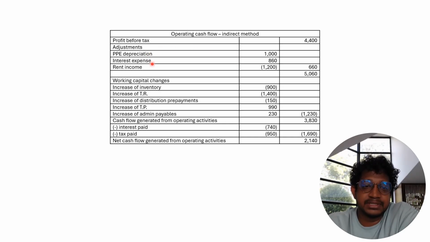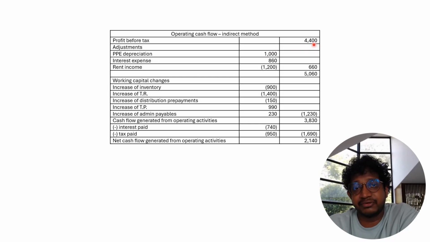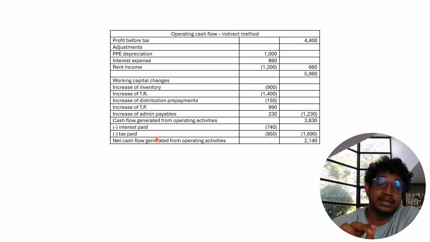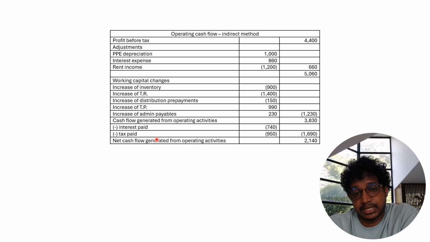And the interest expense, there's a specific space here for the interest paid that you have to subtract. But interest expense is an expense, so it's already deducted when you're finding the profit before tax. That's why you add back the interest expense that was incurred for the year, and then you have to subtract at the bottom the interest paid in cash.